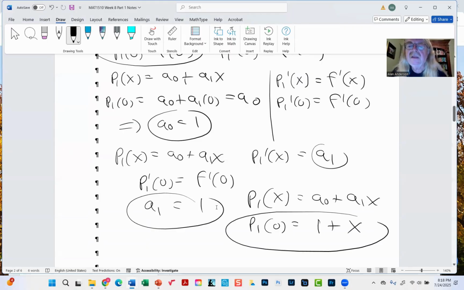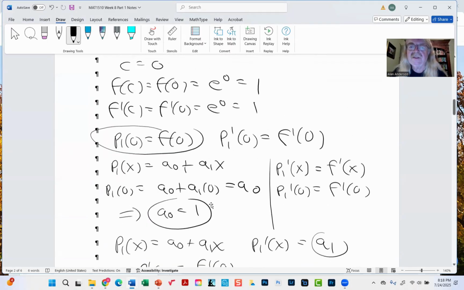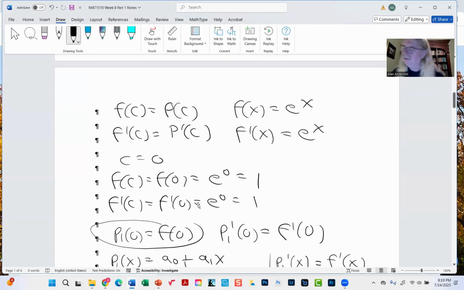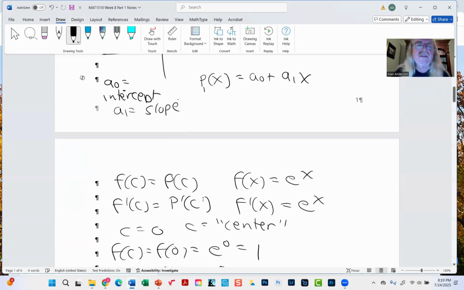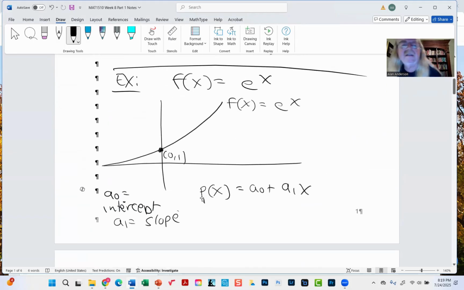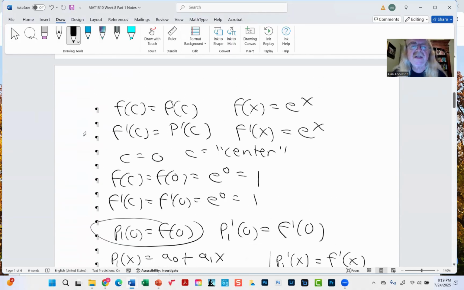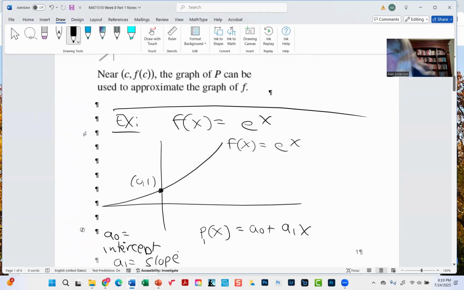Okay? Now, the constant that we're using here, the c, is sometimes called the center. So if you go back to this graph, and let me just see if I can draw it a little better. The polynomial that we just estimated is 1 plus x, and that's going to be right about here.